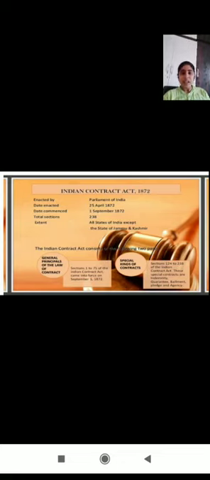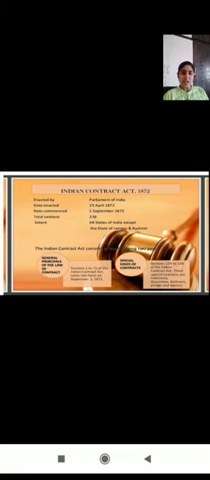Sections 1 to 75 of the Act are general principles, and after that we have some special kinds of contracts like the Sale of Goods Act, indemnity and bailment.